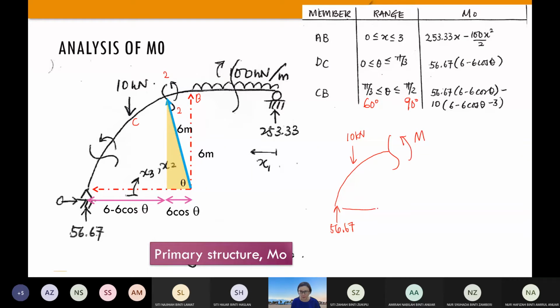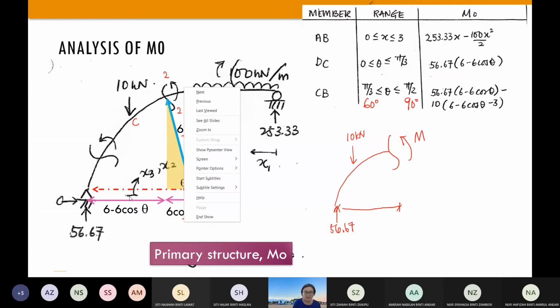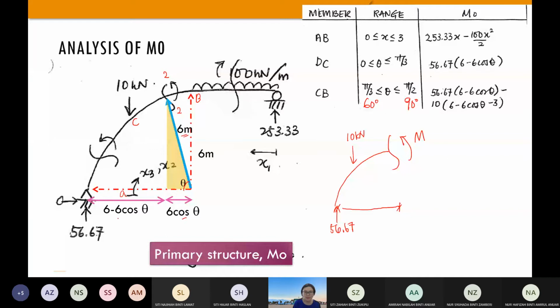We already know what this value is. How? Just look at this yellow triangle right now. The theta is now a greater angle compared to our section 1 just now, but the equation is still the same. This is R, 6 meter, and the base must be 6 cos theta. And if this is still A, therefore this is still 6 minus 6 cos theta.